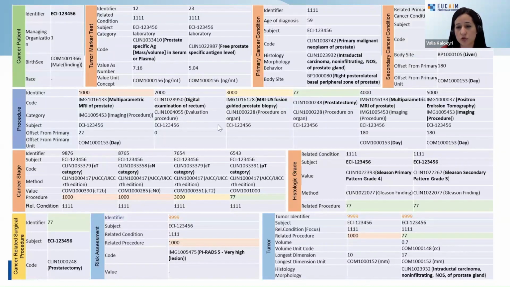We have all the procedures that were done, and we know also the category of the procedure, if it's an imaging procedure, an evaluation procedure, a procedure on organ, etc. These are concepts from SNOMED itself. Then the cancer stages specifically represented, risk assessments like the PIRADS, the BIRADS, all kinds of RADS that are represented in cancer, and the grades, etc.